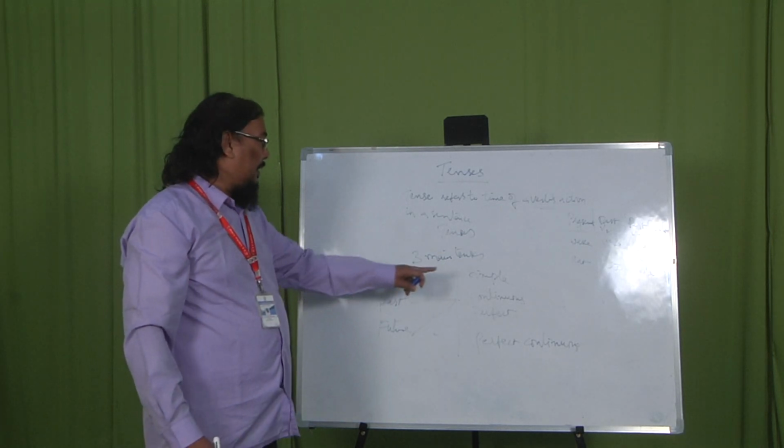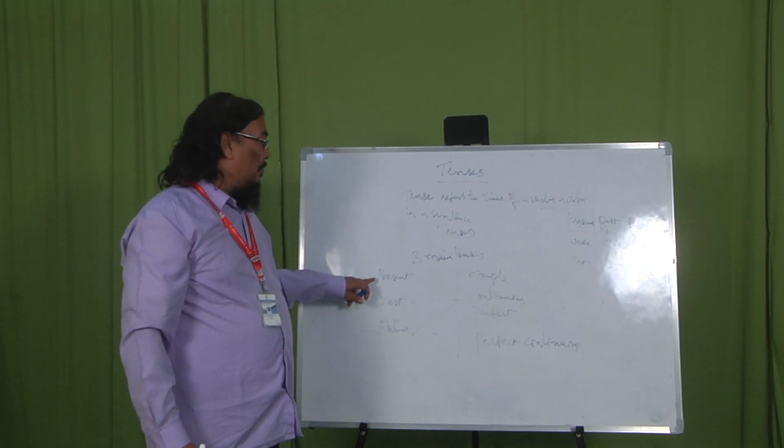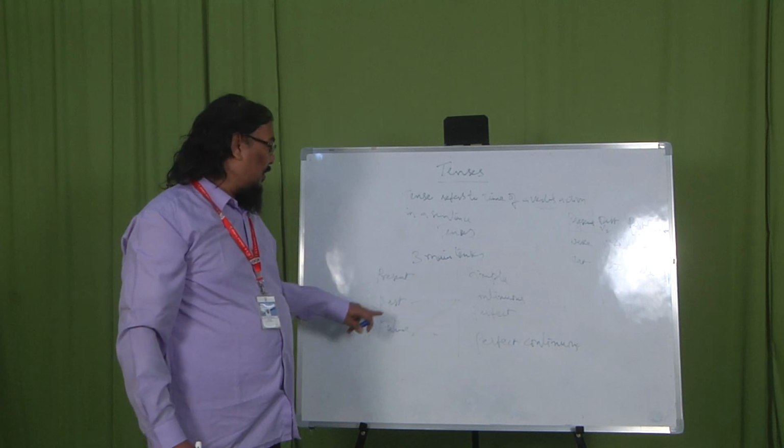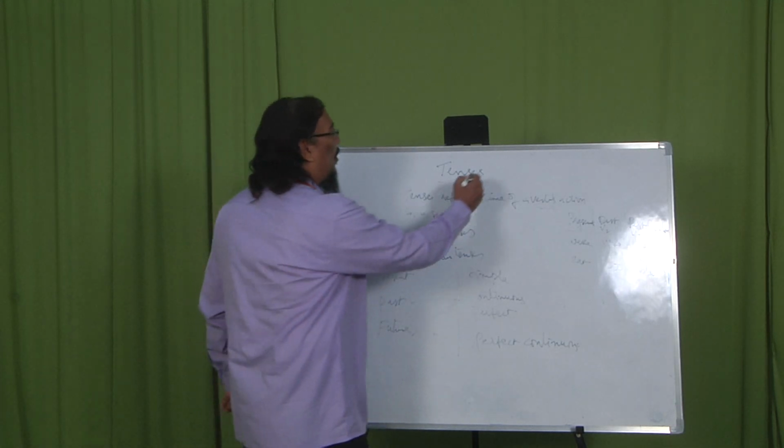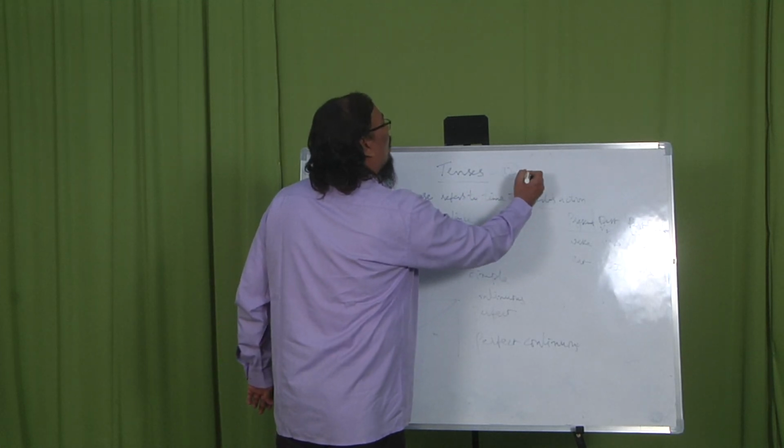Present simple, past simple, future simple; present continuous, past continuous, future continuous; present perfect, past perfect, future perfect; and present perfect continuous, past perfect continuous, future perfect continuous. Like that, there are 12 tenses in total.